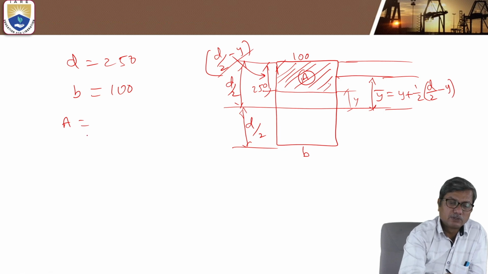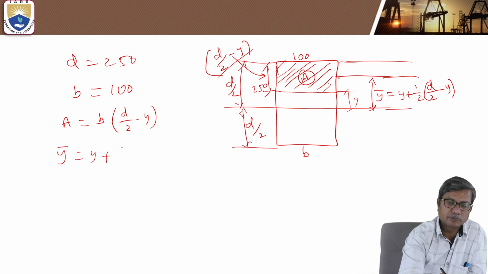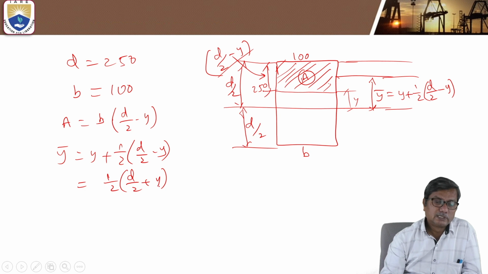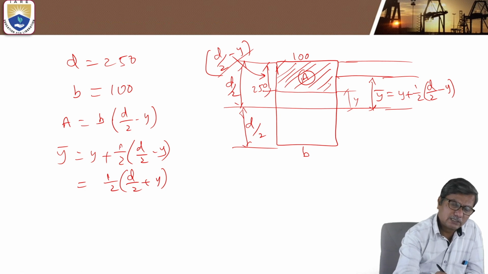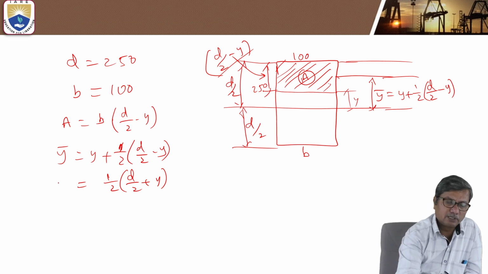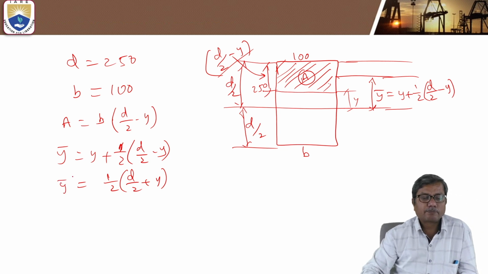So A is equal to b into d by 2 minus y, and y bar is equal to y plus half d by 2 minus y, which will be half into d by 2 plus y. This is y bar.